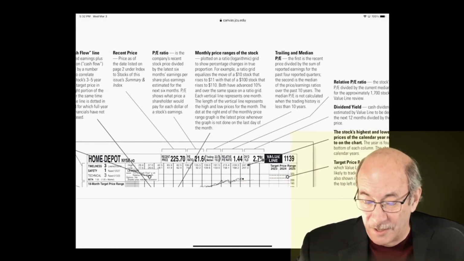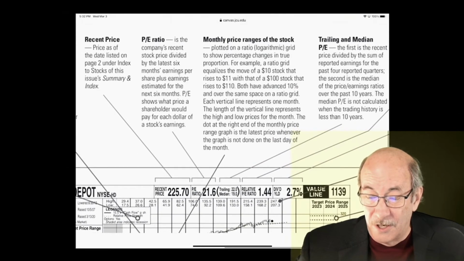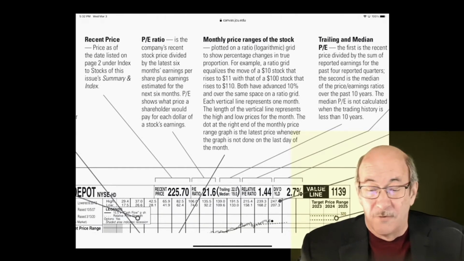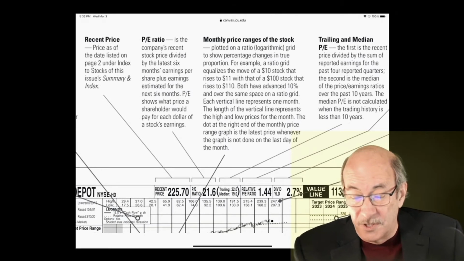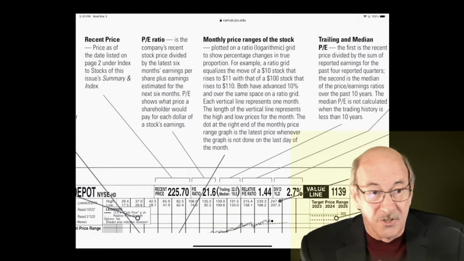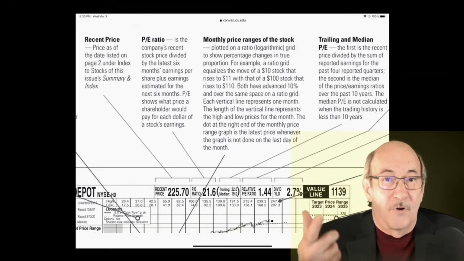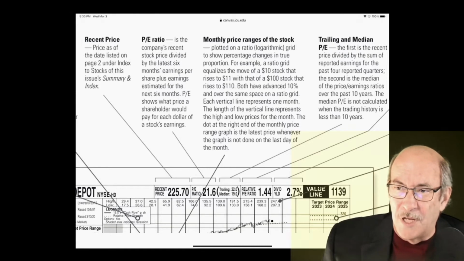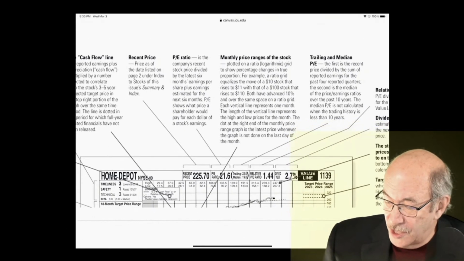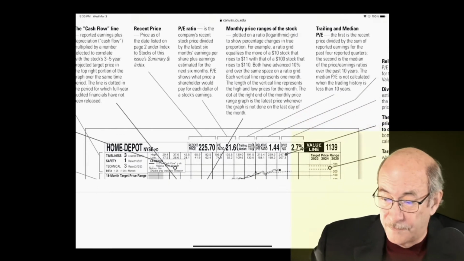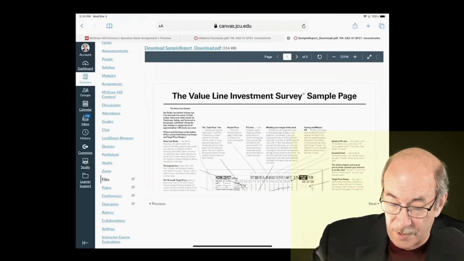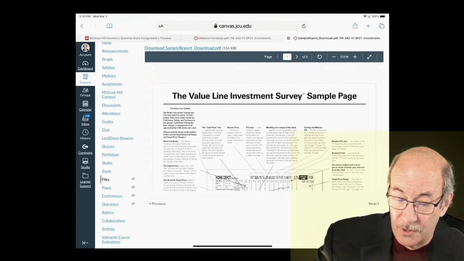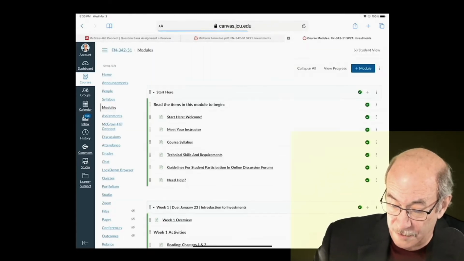So if you notice up here, it mentions the PE ratio is the company's recent stock price divided by the latest 6 months and then the forecast 6 months. And so those may be numbers that they don't actually report down below on the Value Line page. Let me go back to the Apple one.